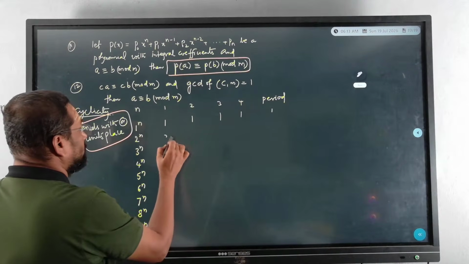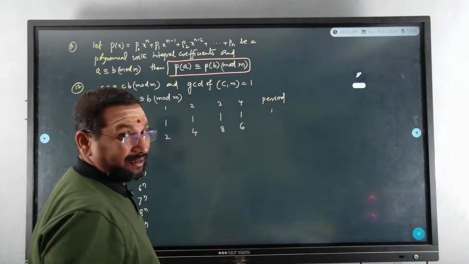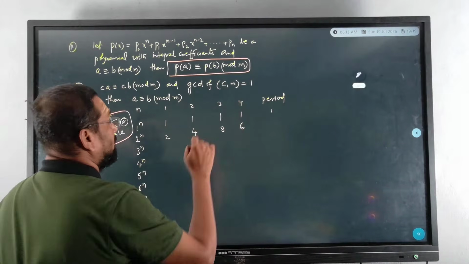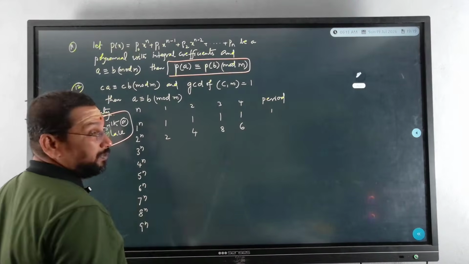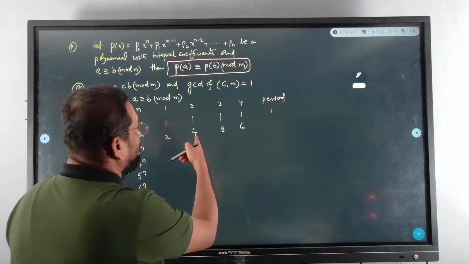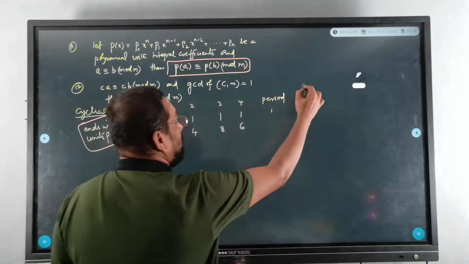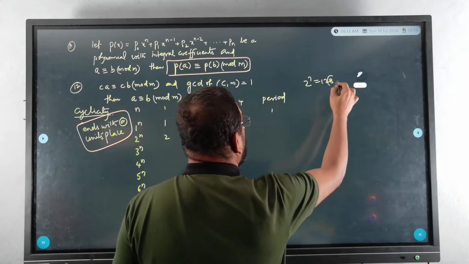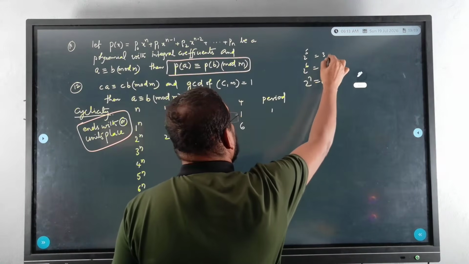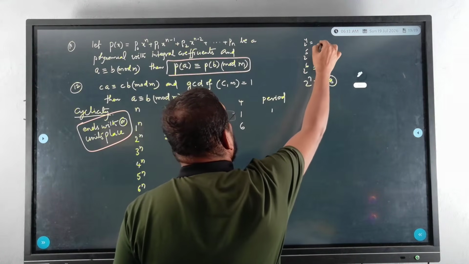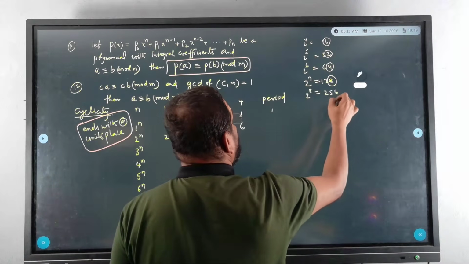Now see 2 power n. 2 power 1 is 2. 2 square is 4. 2 cube is 8. 2 power 4 is 16, ends with 6. Again, 2 power 5 is 32, ends with 2. 2 power 6 is 64, ends with 4. 2 power 7 is 128, ends with 8. 2 power 8 is 256, ends with 6.